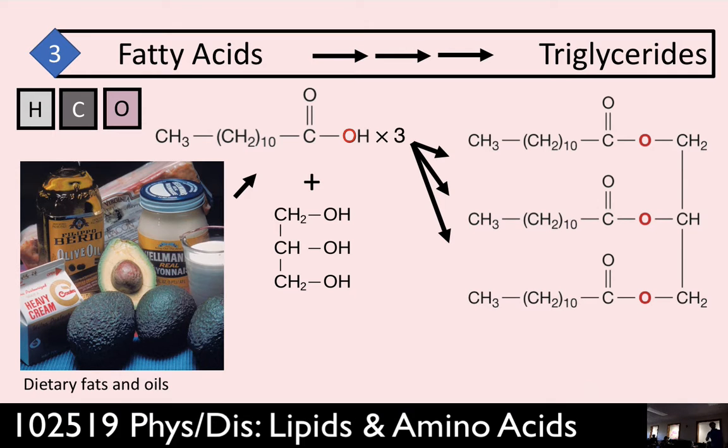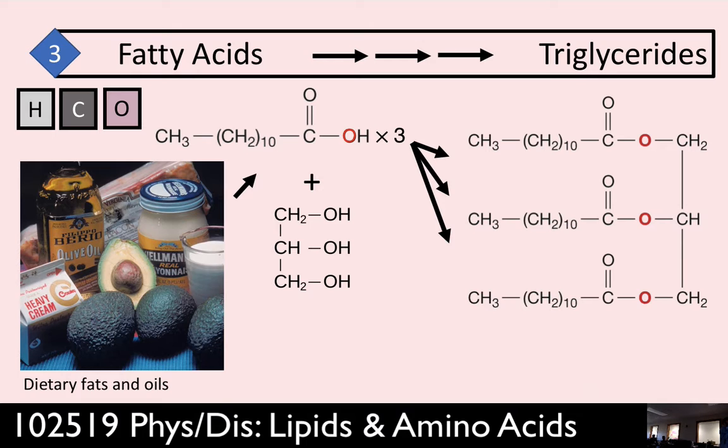So you can imagine a long carbon chain, just carbon to carbon to carbon to carbon. In this case, the carbon chain is 12 carbons long, so 2, 4, 6, 8, 10, 12 carbons long, and it's what's called fully saturated, meaning it is saturated or completely full of hydrogens.